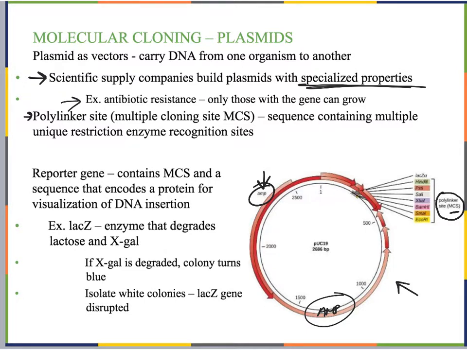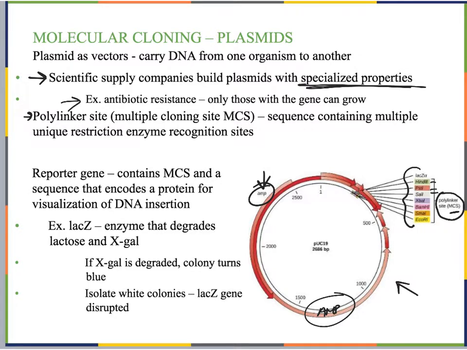You can see here all of these are different types of restriction enzymes, like EcoRI, XbaI, HindIII. Each of these are different types of restriction enzymes that can be used in molecular cloning.